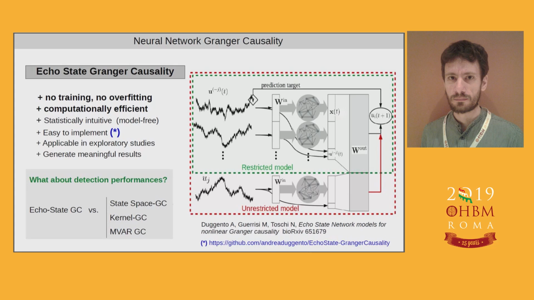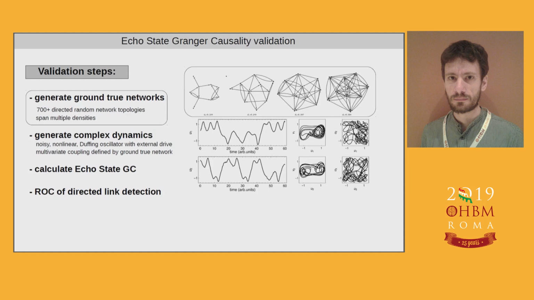First we generate complex networks with links. These networks represent our ground truth. We want to detect those links. On every node of the network, we generate some complex dynamics, based on the Duffing oscillator because it's nonlinear, possibly chaotic, possibly synchronizable depending on parameters, and it has many features you can play with.